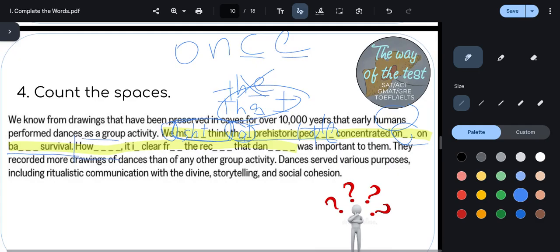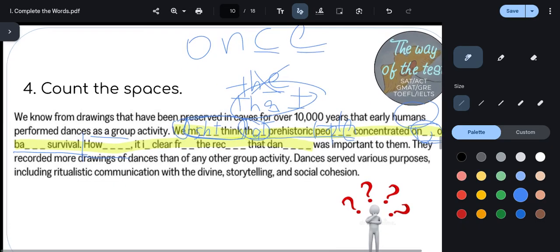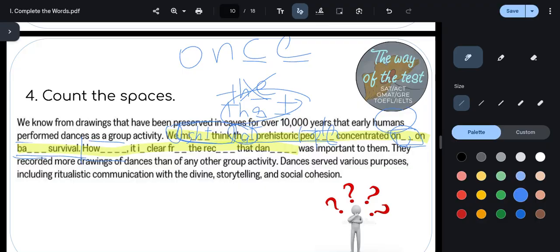So once on survival, if the word once were the right answer, then you would have to continue with that idea, right? So they once concentrated on survival and then moved on to something else. So you can leave that blank for a moment, and then bear survival, be what, I don't know. Okay, barely survival, we don't know. Okay, you may already know the answer, I know.